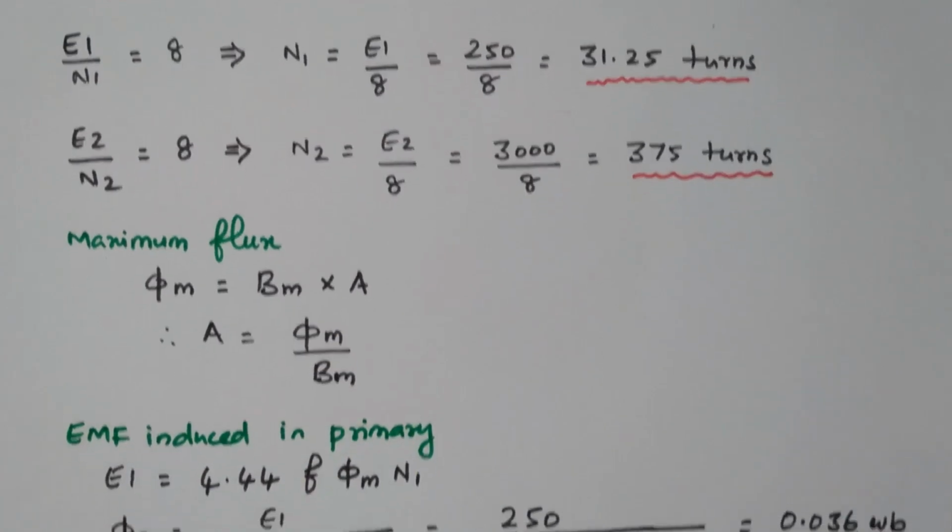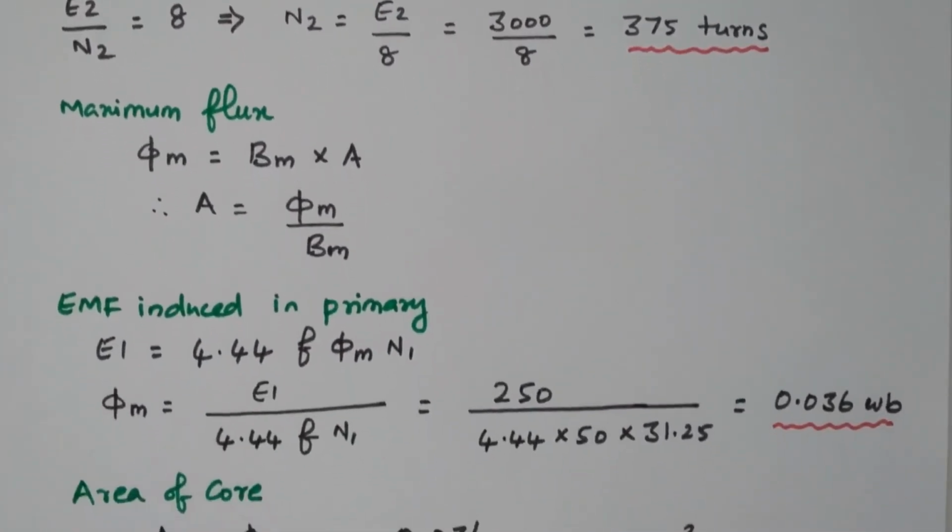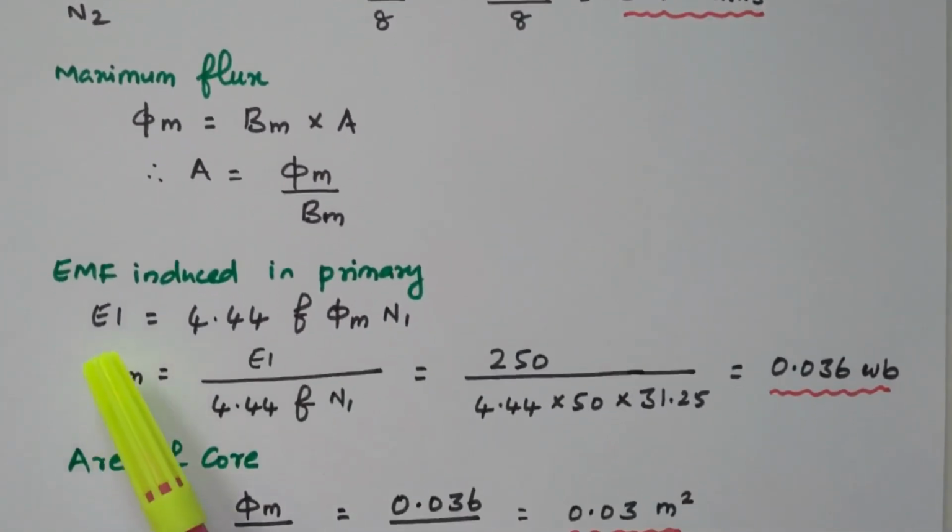Now, we will see how to find phi m, the maximum flux. We know one more formula: the EMF induced in the primary is E1 equal to 4.44 f phi m N1. Here f is the frequency, phi m is the maximum flux, and N1 is the number of turns in the primary winding.